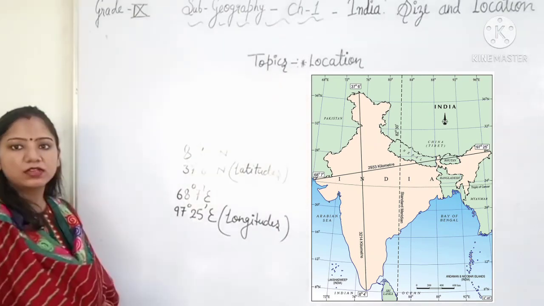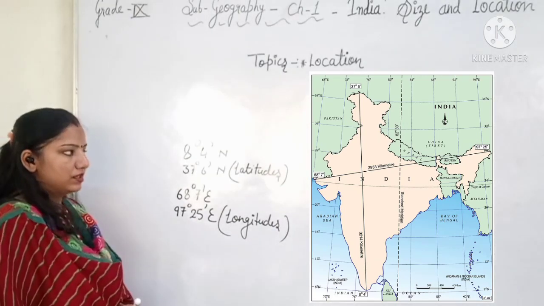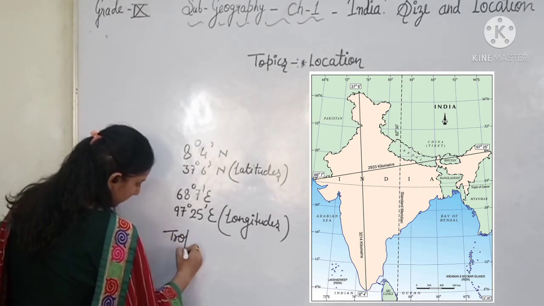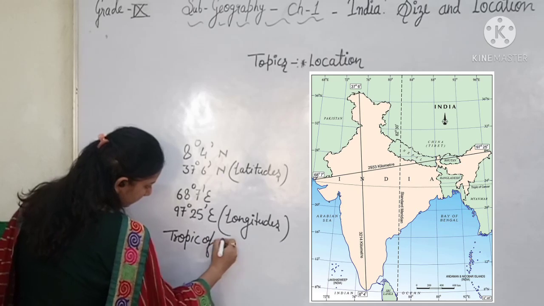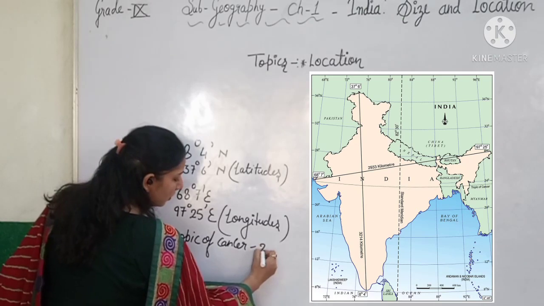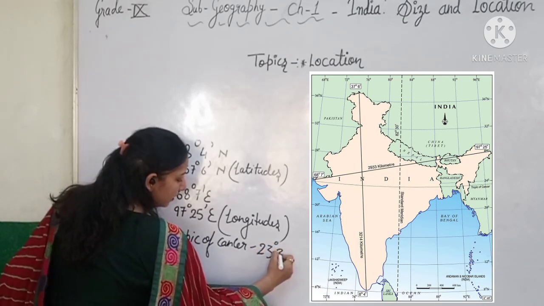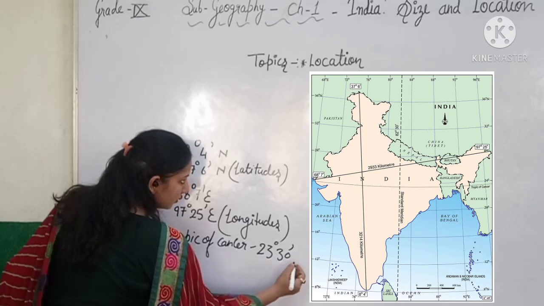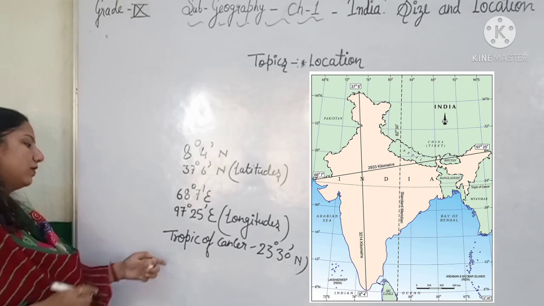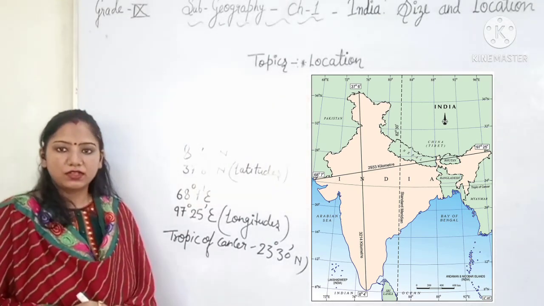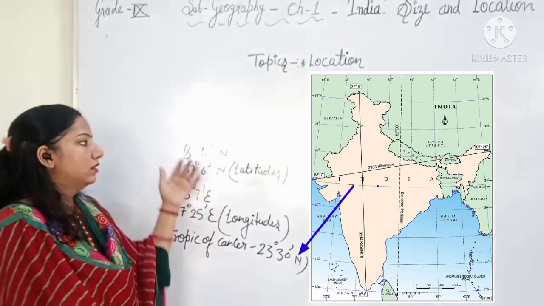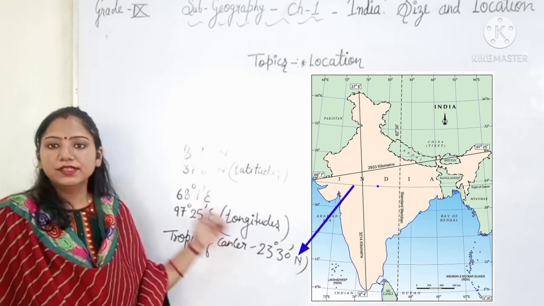Secondly, if we talk about the division of our country, there is the Tropic of Cancer, which is situated at 23 degrees 30 minutes north. And this Tropic of Cancer divides our country into two equal parts, that is the northern part and the southern part.